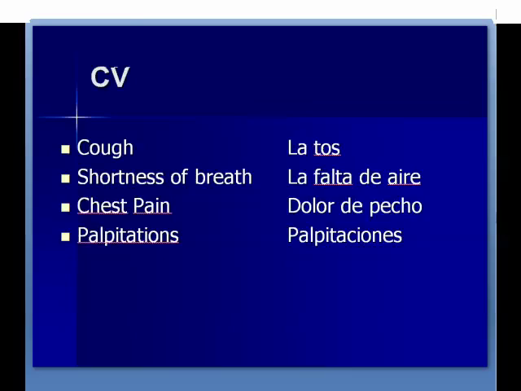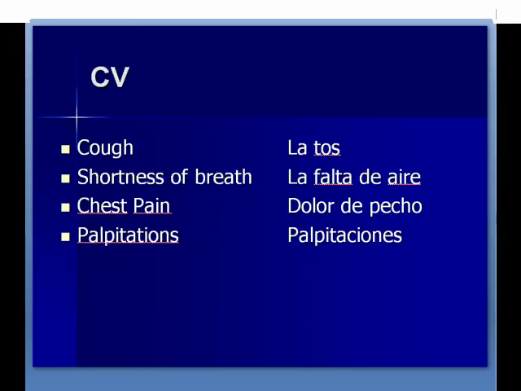Briefly, a few questions that may be relevant to any chest pain that could radiate to the upper abdominal area. To ask about a cough. La tos. Shortness of breath.